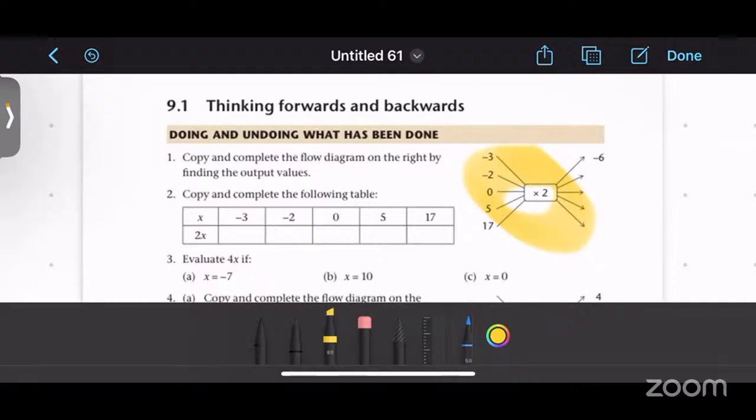So -2 multiplied by 2 is going to be 4 because 2 multiplied by 2 is 4, and it's negative multiplied by positive. So that means we're going to have -4. Remember, we said negative multiplied by positive is equal to negative, right? Yes, ma'am.